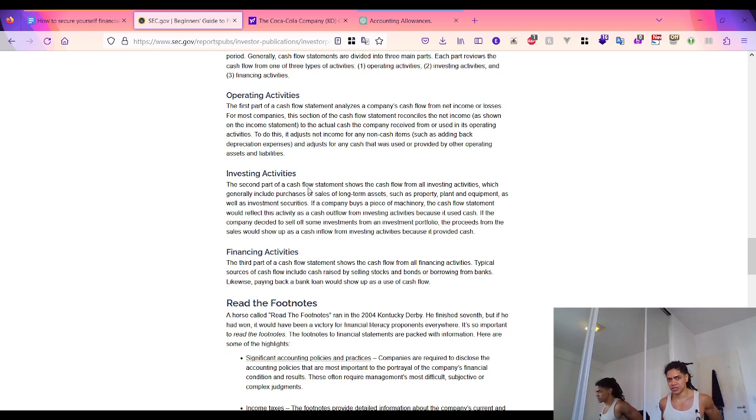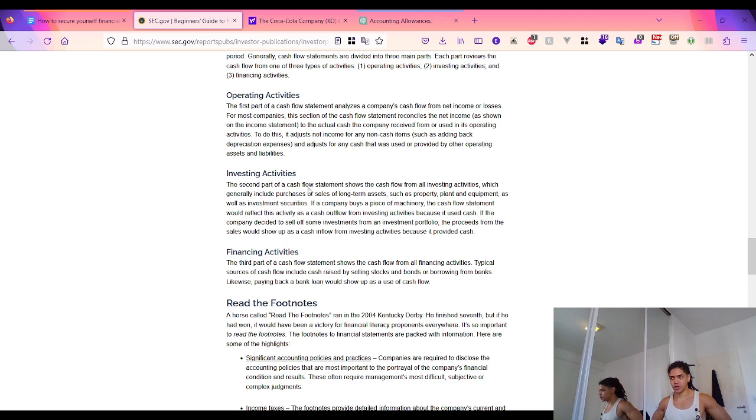So the investing activities is quite more simple than the operating activities.